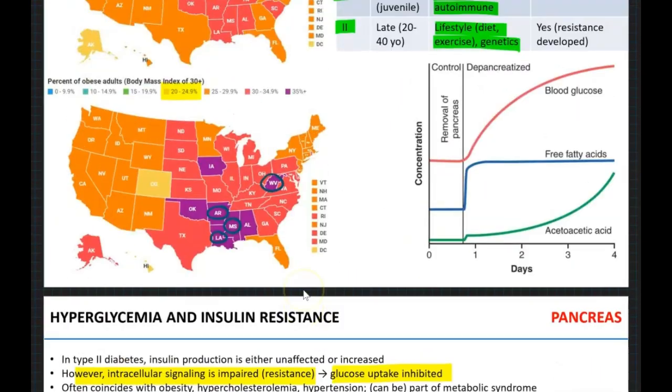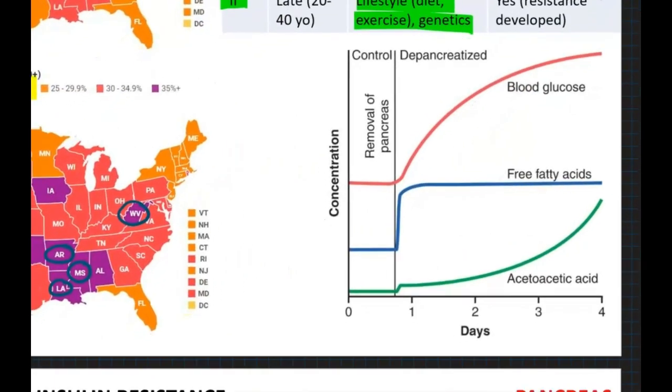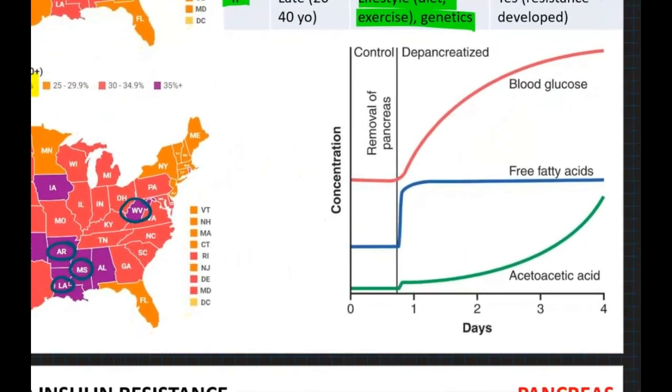Okay? Make sense? One of the problems in diabetes is that, this is an example of the rats that had the pancreas removed, mimicking type 1 diabetes, but it doesn't really matter. So the blood glucose goes up, which is not surprising. But it means that glucose does not enter the cells and they can't use it. So they start using fatty acids.